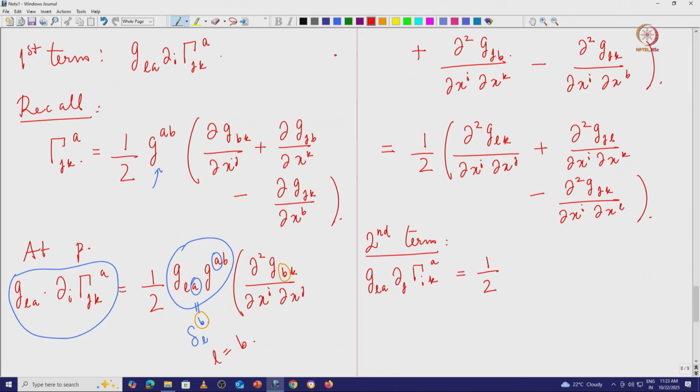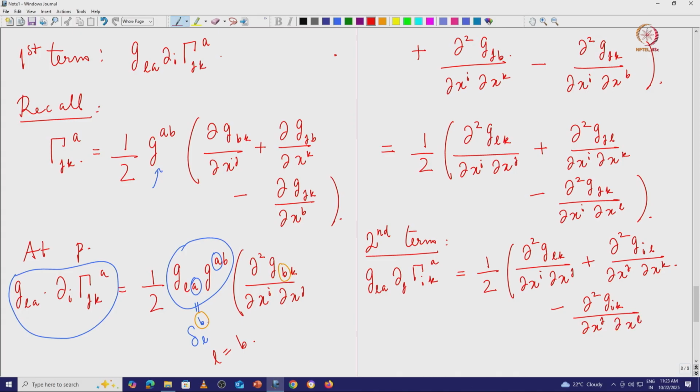So you get the same sort of formula: del squared g_LK by del x_i del x_j plus del squared g_IL by del x_j del x_K minus del squared g_IK by del x_j del x_L.